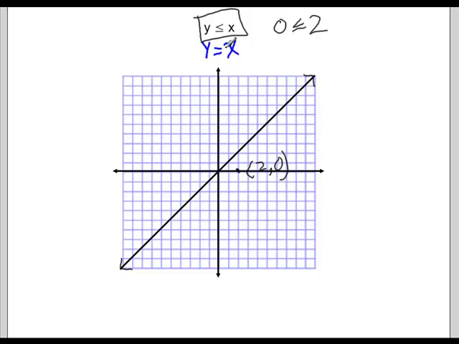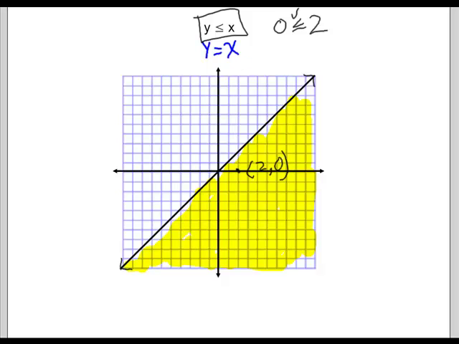I plug in 0 for y, 2 for x. Is this true? Yeah, it's true. Therefore, I already know that the area that needs to be shaded is this area. You can just use your pencil to shade it in. Just make it clear. So that's the graph of y is less than or equal to x.